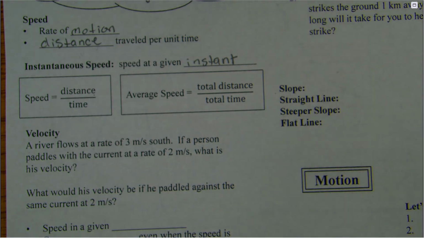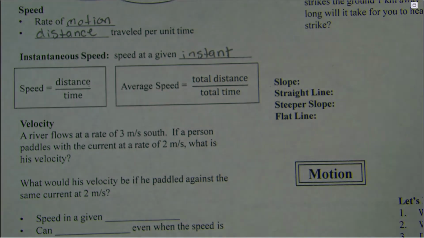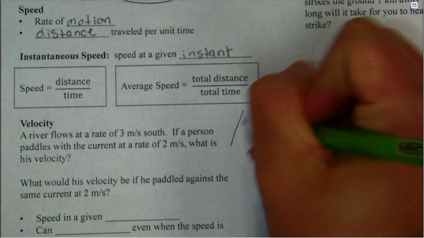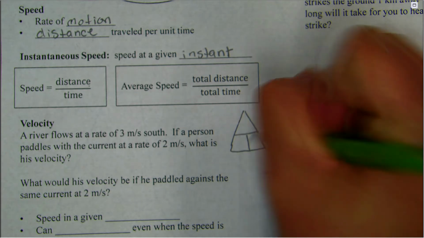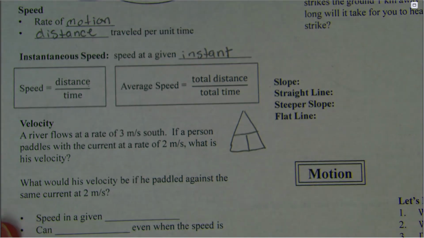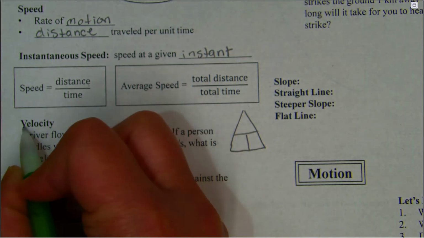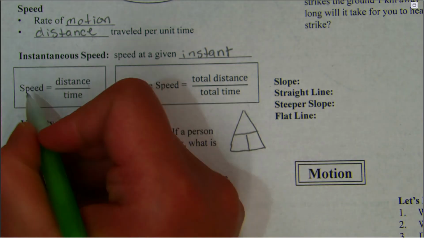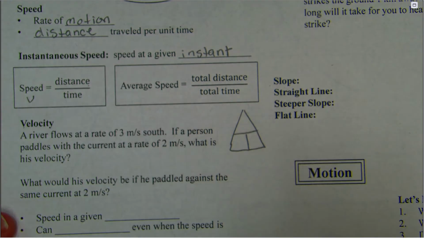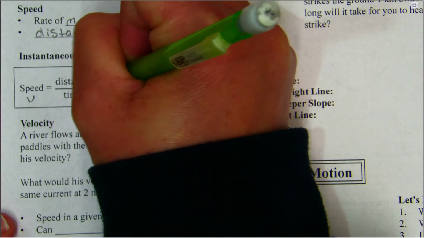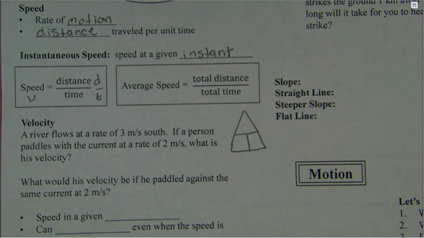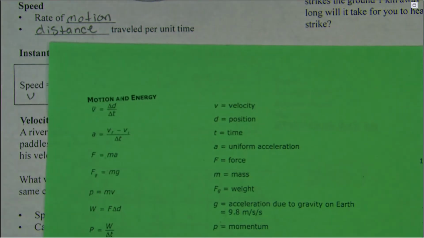So if I wanted to set up my triangle, and speed is going to be what we use for velocity, okay? So we are going to have V, velocity or speed, distance will be a D, and time will be a T. And you can find this on your reference table as well.